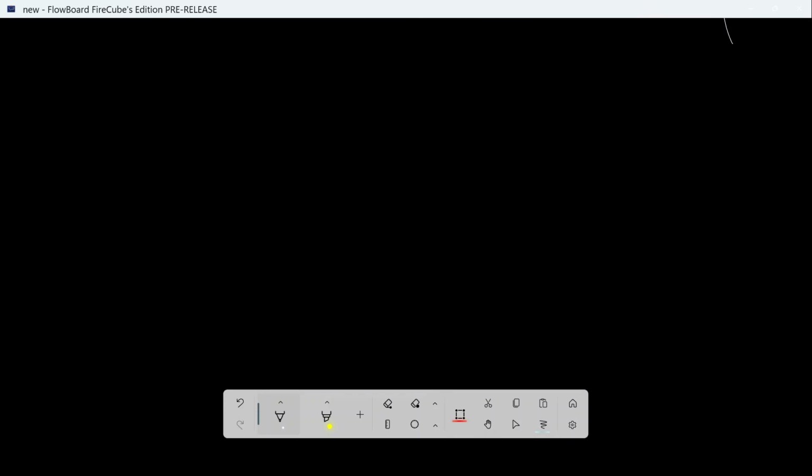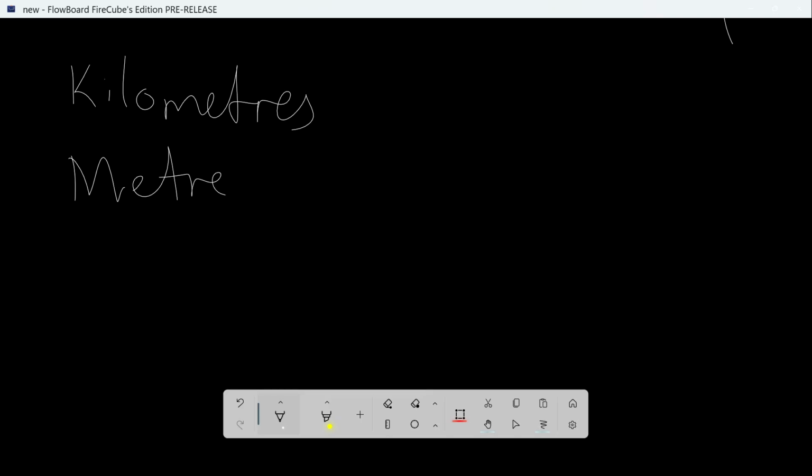Now we need to be able to convert metric units, and the most common measurement we'll need to convert might be kilo. Maybe let's look at distances. We'll have kilometers, which is not an SI unit. The SI unit is meters. Well, we're going to convert them mostly to meters.